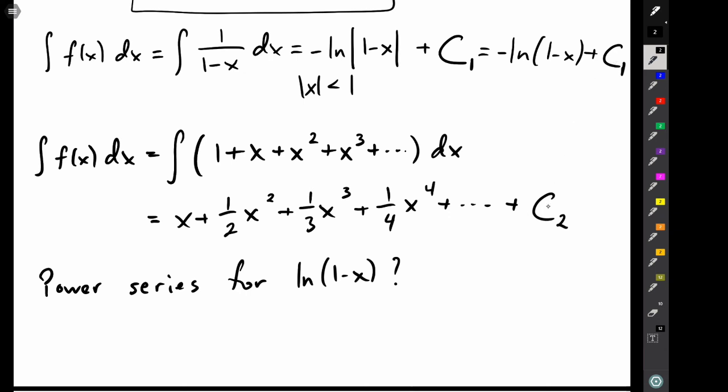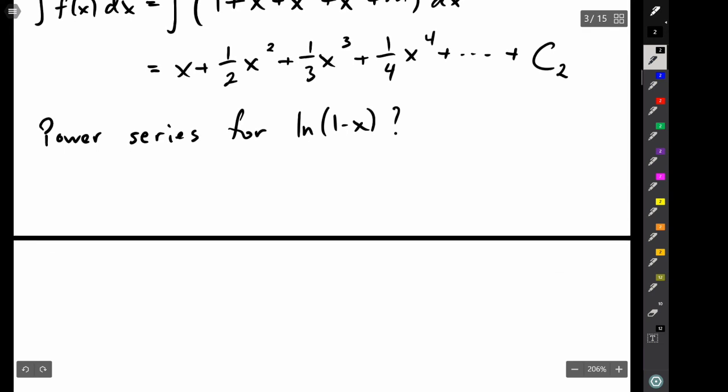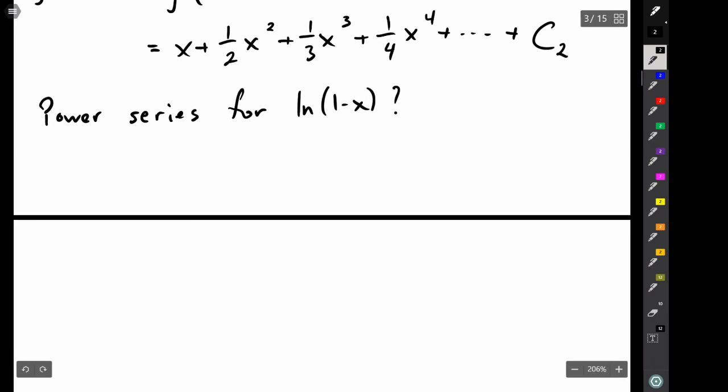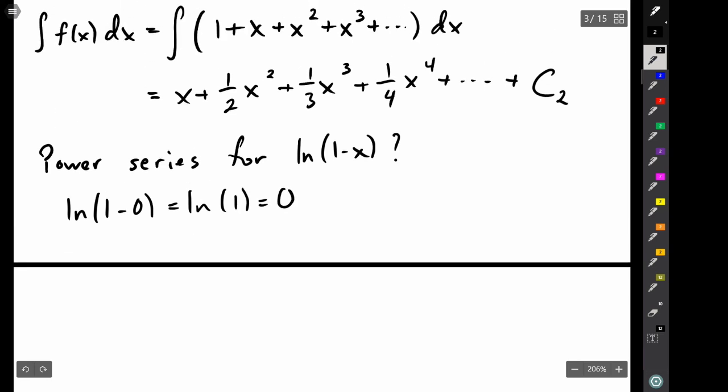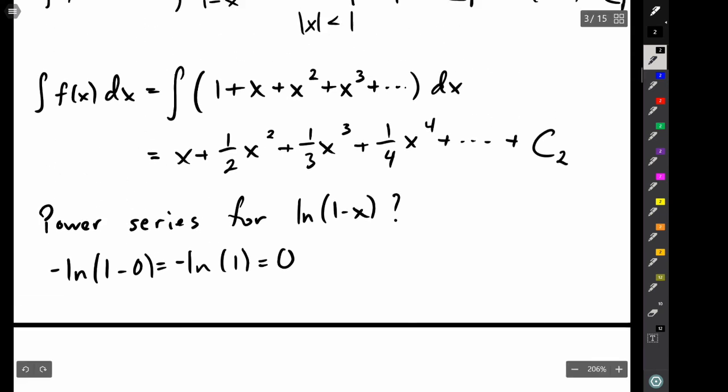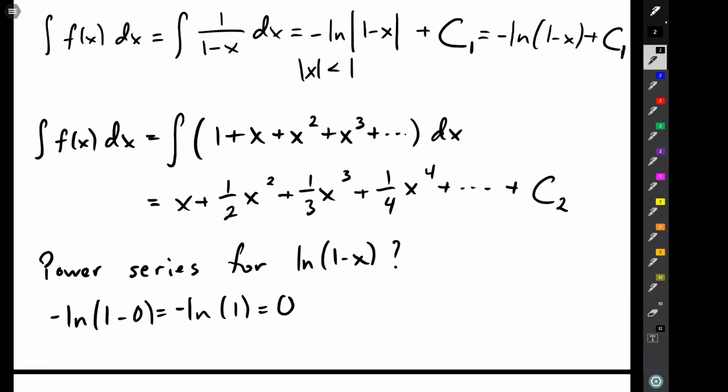Because these two just differ by some constant. So what do we do? We just plug in 0, right? So ln of 1 minus 0 is ln of 1, which is 0. And let's plug it in here. Oh, sorry, I need the negative of this, because when we integrate this, we get the negative sign.